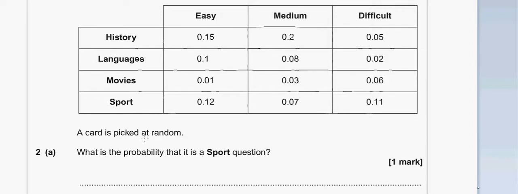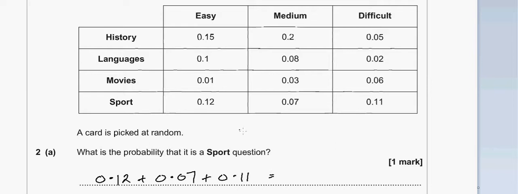So a card is picked at random. What is the probability that it's a sport question? Now all sport questions, we have easy sport, medium sport and difficult sport. Well, the probability of an easy sport would be 0.12 plus the probability of a medium sport would be 0.07 plus probability of a difficult sport is 0.11.